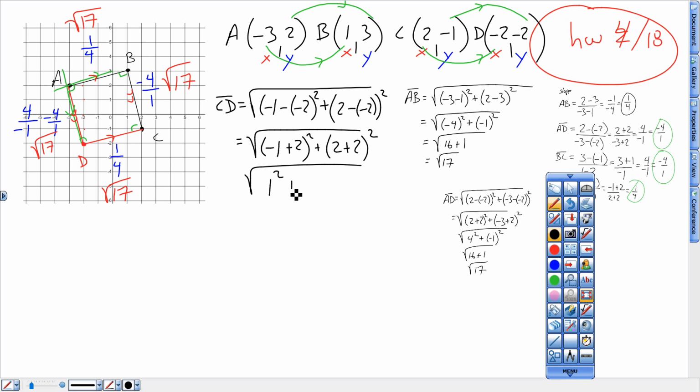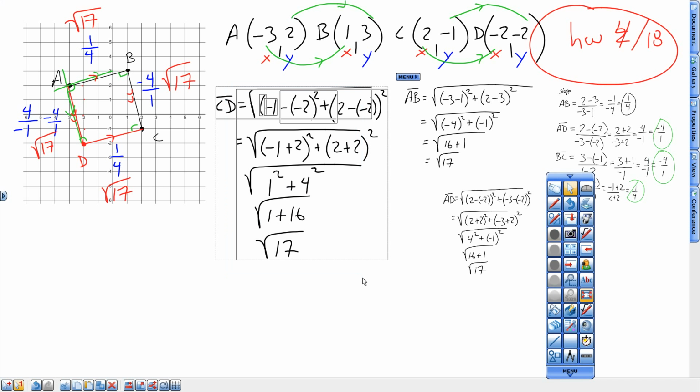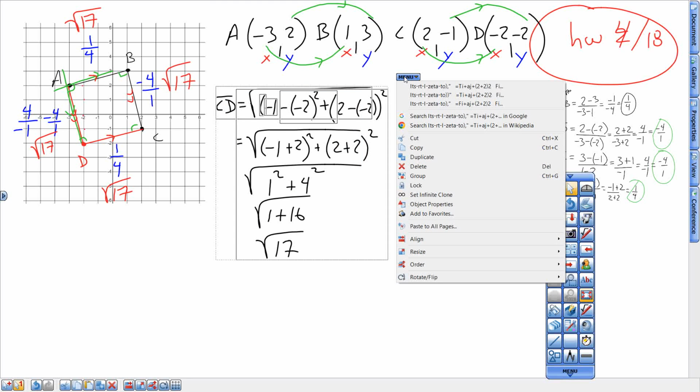Positive 1 squared, positive 4 squared gives me 1 plus 16, which is root 17. Technically, to get full credit, I'm going to have to do one more length, getting another root 17.